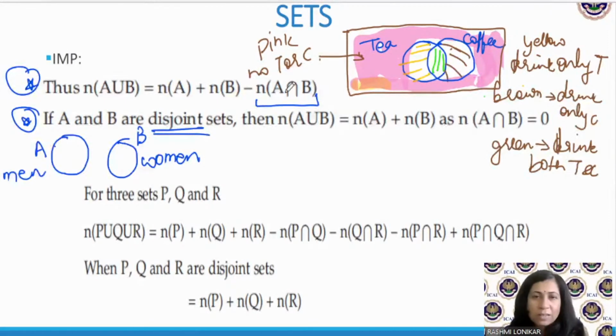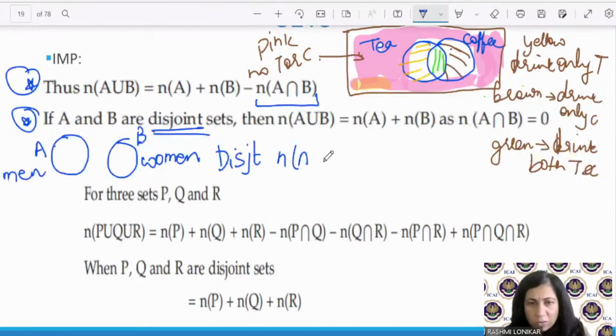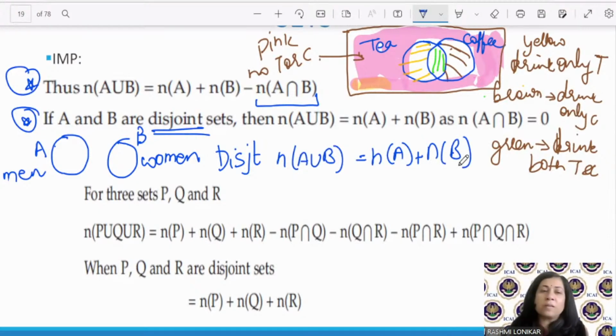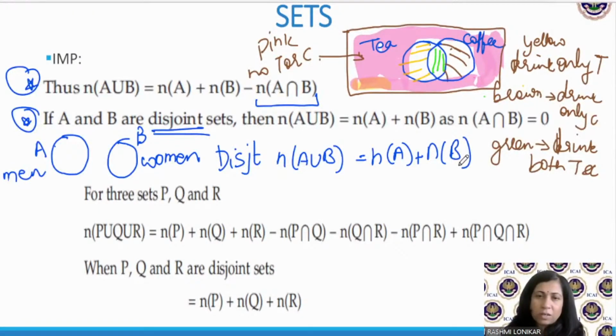So in that case, this is equal to 0. Then for disjoint, this formula becomes N of A union B will be equal to N of A plus N of B. Is that clear? So this is what is meant by union, and this is the formula of A union B, where we are talking in terms of numbers.